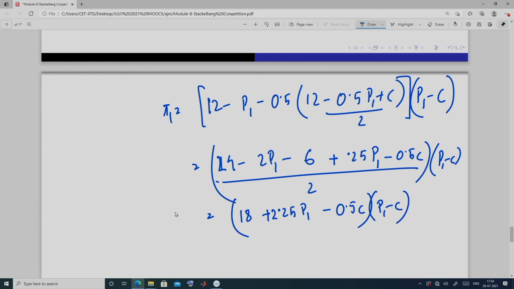It is this, and you differentiate this with respect to P1, you will get what?